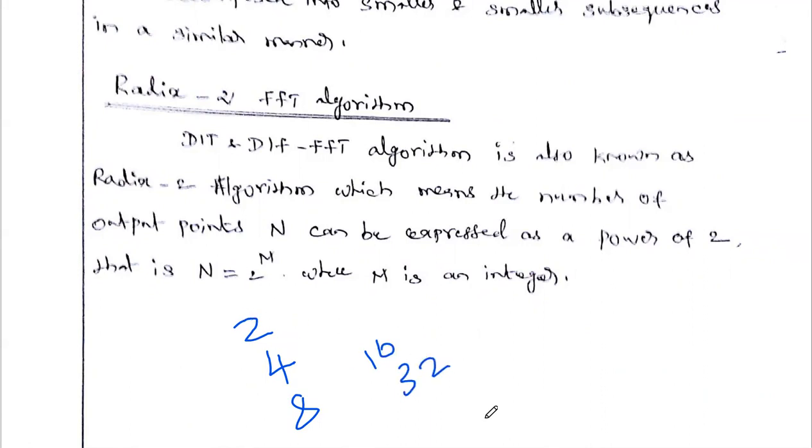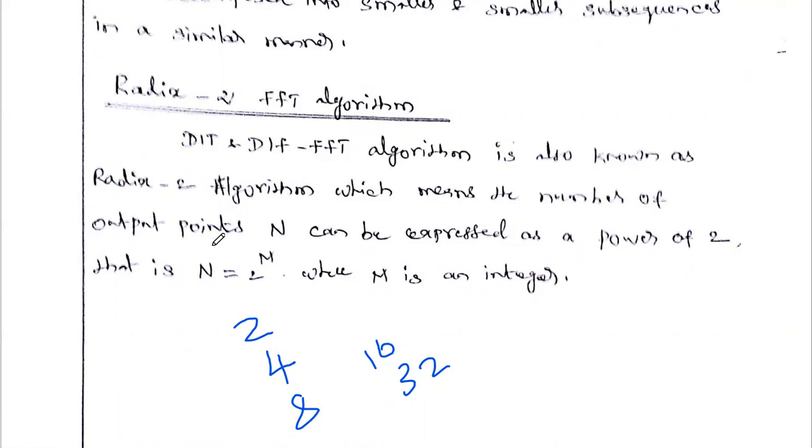So you see these values. In the first case, what is the capital N value? 2 to the power 1. In the second case, capital N equals 4, which can be written as 2 to the power 2. In the third case, N equals 8, which is 2 to the power 3. 16 means 2 to the power 4. So the number of output points.